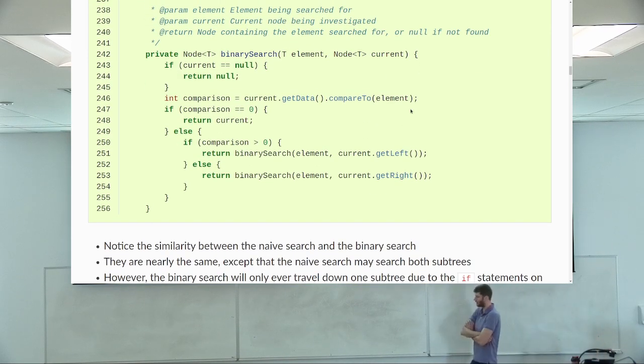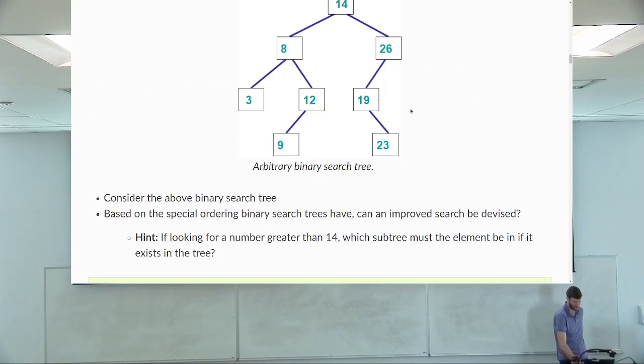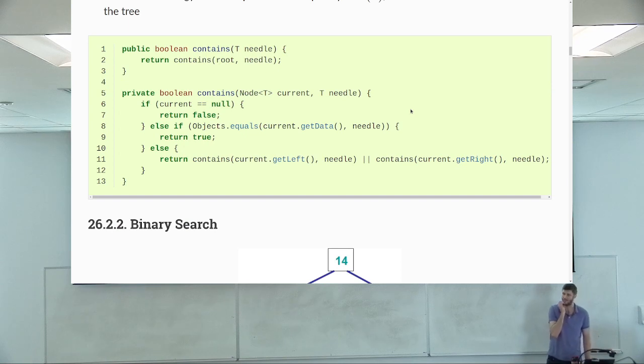So if comparison is 0, we found it. Otherwise, depending on the positive or negativeness of the comparison variable, I either need to look to the left or to the right. But the big point here is, at most, one recursive call could happen. The other search that we looked at, the naive one, and I call it naive, it's not a bad one, it's just that we couldn't take advantage of those details we knew about the data.